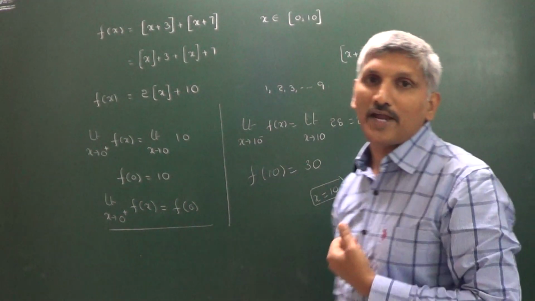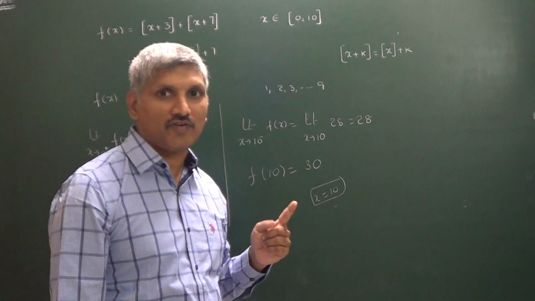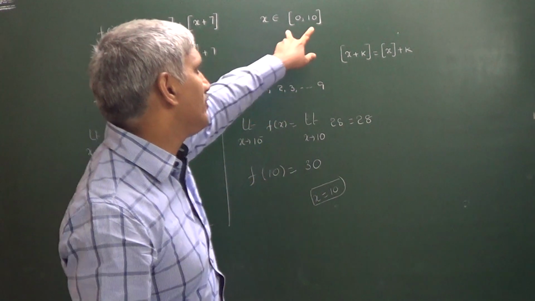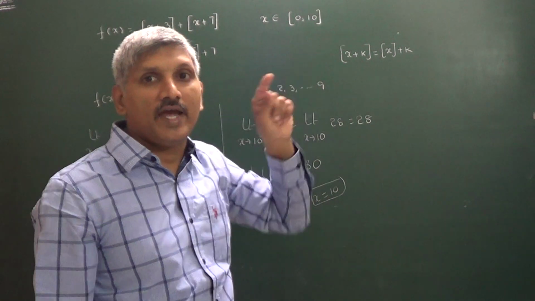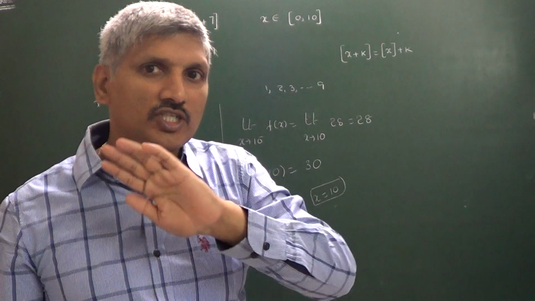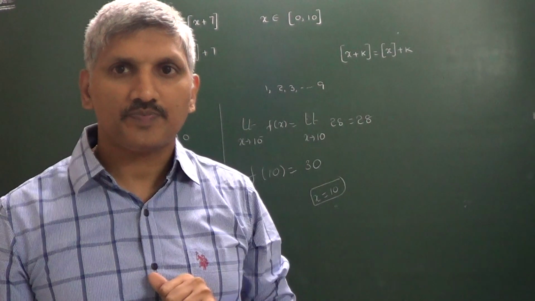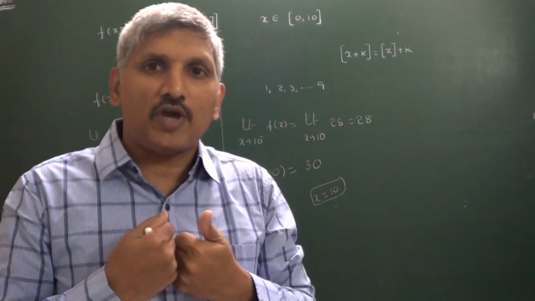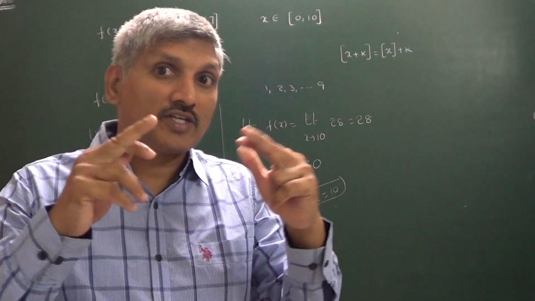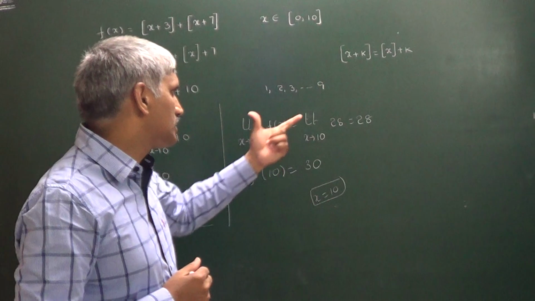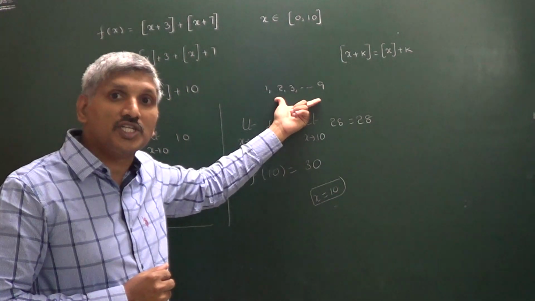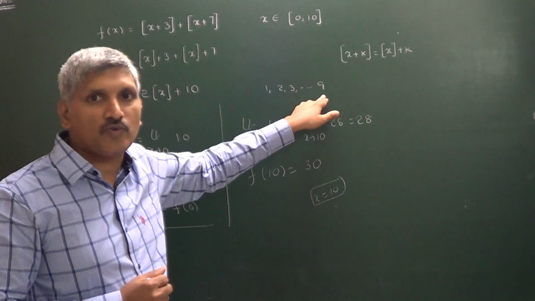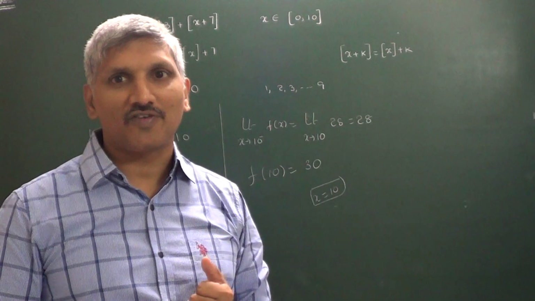So these are the points of discontinuity of the function. Whenever a closed interval is given, at the end points the function is not differentiable, because at the end points we have sharp edges, and at sharp edges the function is not differentiable. At the same time, wherever the function is discontinuous, it is not differentiable.